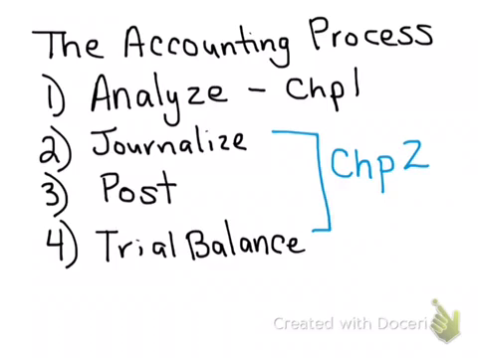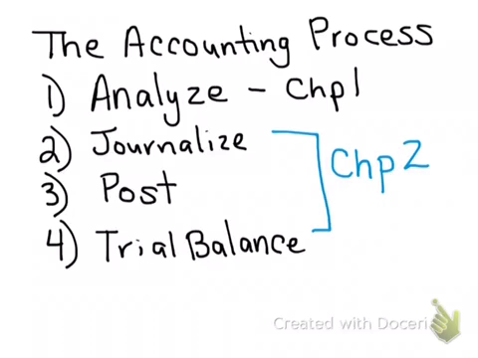What we're going to look at in chapter 2 is journalizing transactions, posting transactions, as well as looking at the trial balance. With journalizing, this is where we record entries in a general journal.